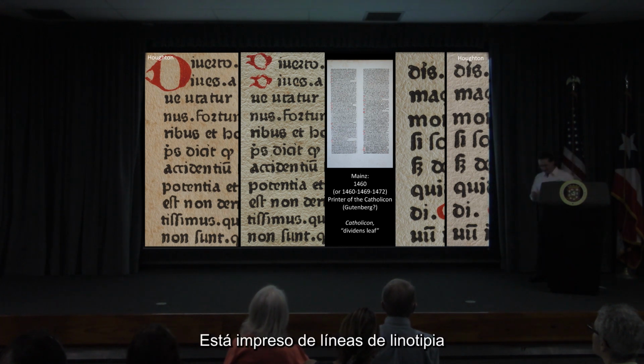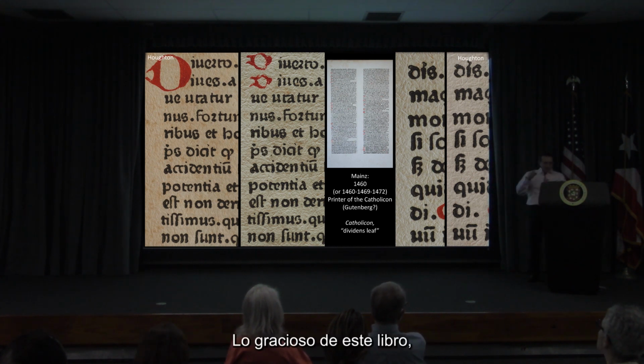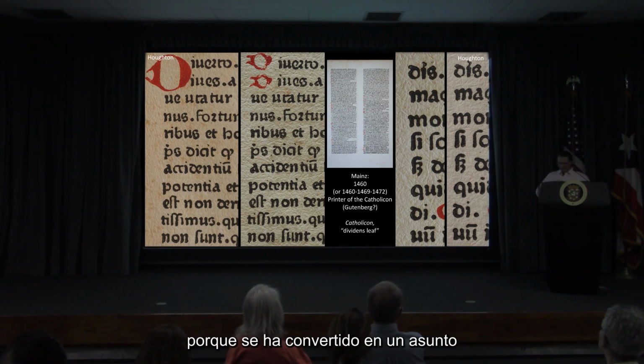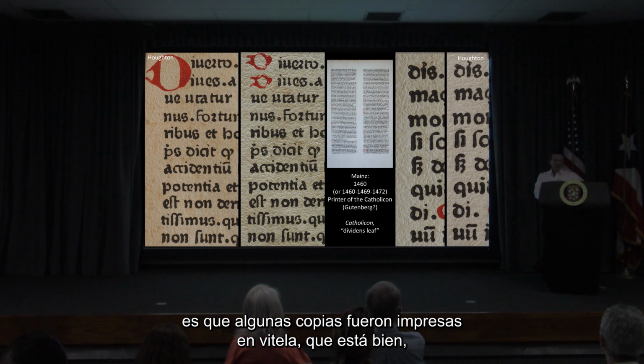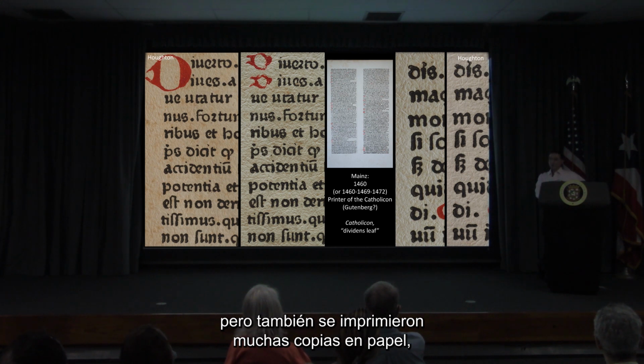It is printed from slugs that are made by taking an impression from movable types. And what is particularly funny about this book, because it has become a matter of intense discussion among scholars, is that some copies were printed on vellum, and that's okay, but a lot of copies were also printed on paper.